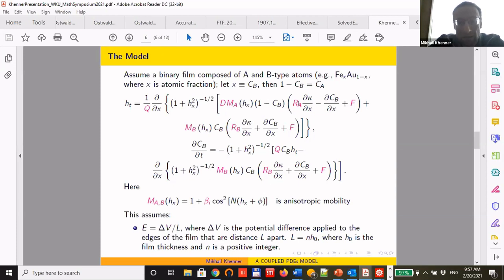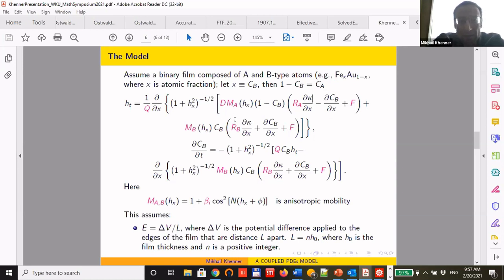The first equation for the shape is a fourth order equation because it contains the curvature of the surface naturally. And the curvature is, as we know, proportional to the second derivative of h. Therefore, this is the third derivative term here, and there is another differentiation making it a fourth order equation.